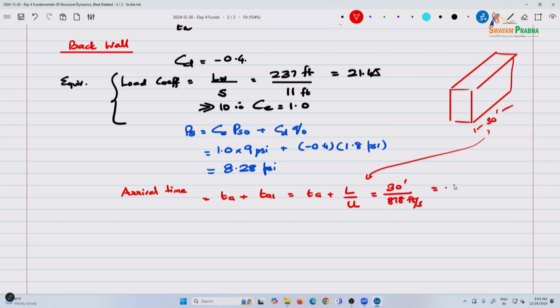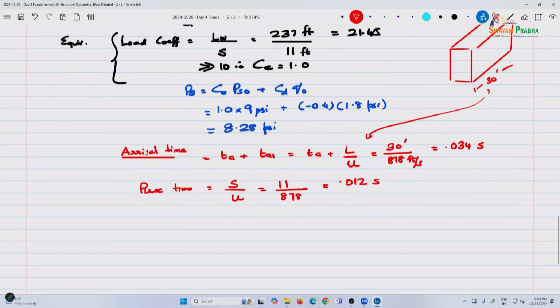So this is 0.034 seconds. Then the rise time is S over U, which is the same, 11 divided by U, which is 878. So this comes to 0.012 seconds. So this is TR.